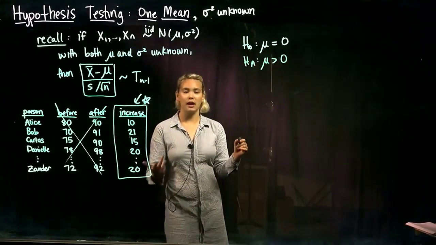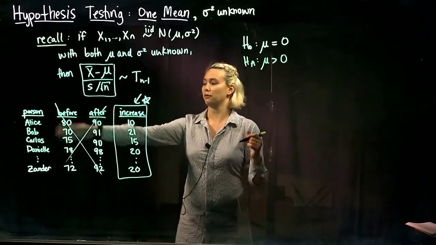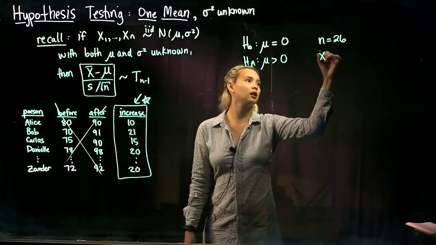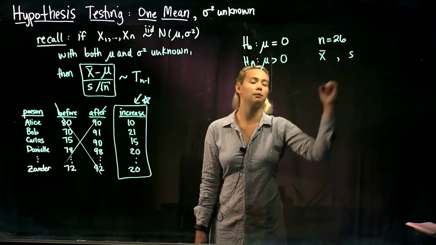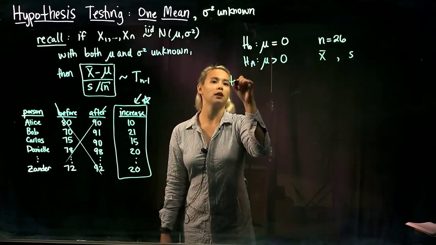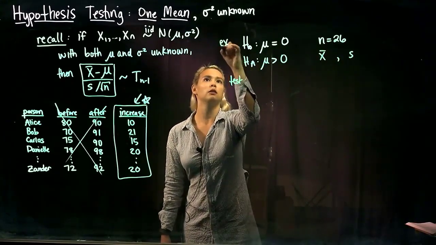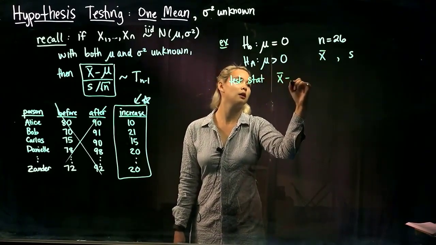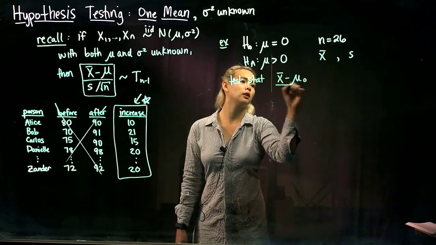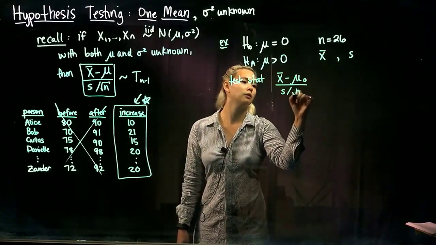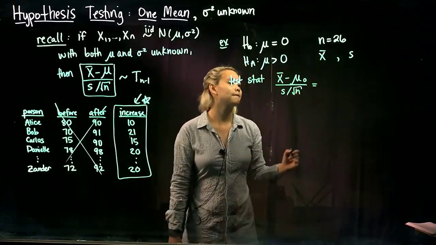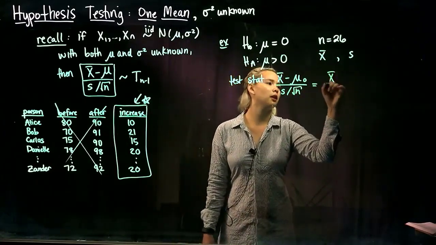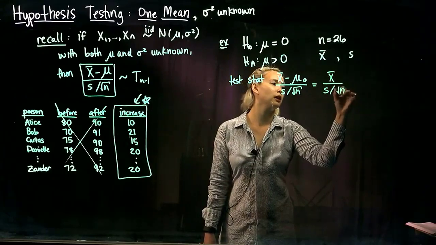If we have n equals 26 people, then we could calculate x bar and the sample standard deviation. Then our test statistic would be x bar minus mu under the null, divided by s over root n. But mu under the null is just 0, so this is x bar over s divided by root n.